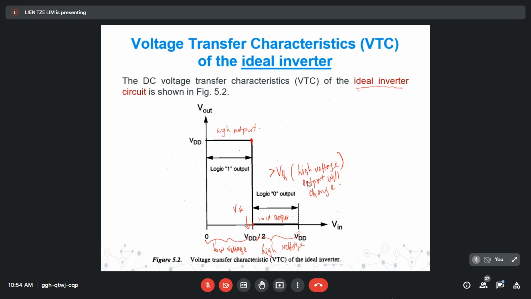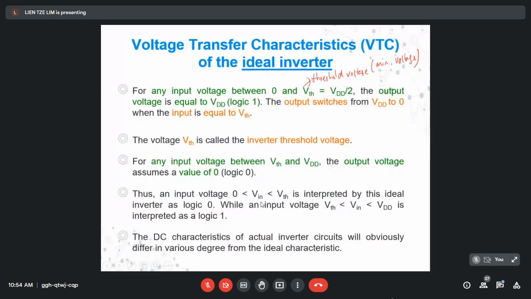Okay, so I will continue with this slide. Thus, an input voltage, I will continue with this statement, is about the range of the input voltage. The range given is 0 to the threshold voltage.